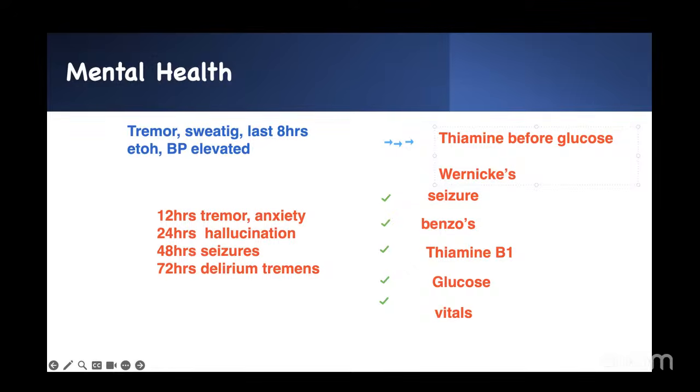They can hear you, but they can't make sense out of it. So because they don't want you to know that they can't understand, they start to confabulate. They mix things up, right? The Broca person can hear you, but they can't talk, right? So they're frustrated. That's an easy way to remember these two areas of the brain, Wernicke aphasia and Broca aphasia. But in alcohol, this is what happens when you give glucose before thiamine.